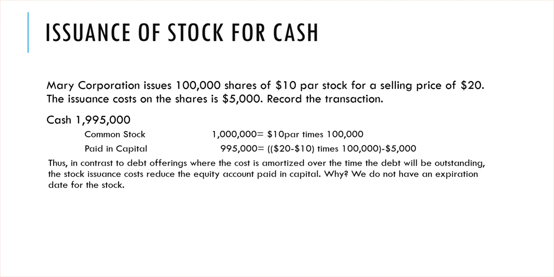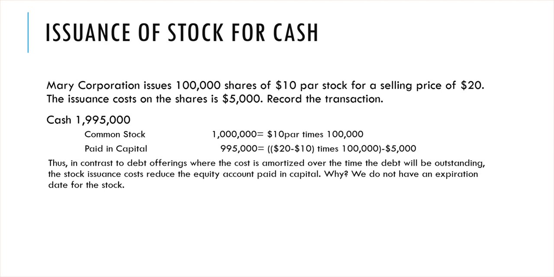The common stock, again, is always par times issued. Therefore, it's a million. And then the paid in capital account will be 995,000. You could think of this as a plug number, but you could also do the calculation: it's the difference between market price minus par, times the number of shares issued, minus the 5,000.